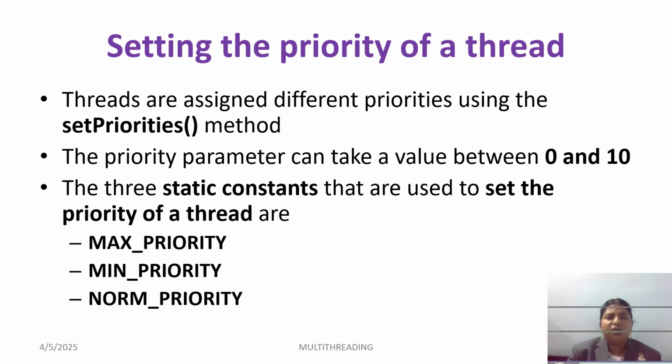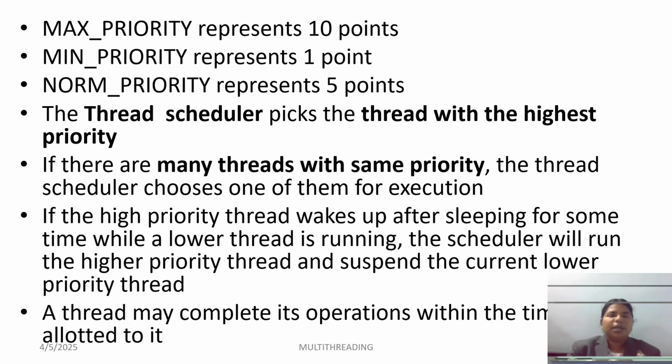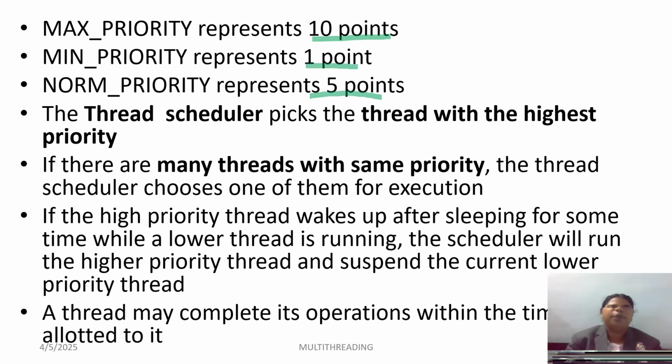The three static constants used to set the priority of a thread are MAX_PRIORITY, MIN_PRIORITY, and NORM_PRIORITY. MAX_PRIORITY represents 10 points, MIN_PRIORITY represents 1 point, and NORM_PRIORITY represents 5 points.